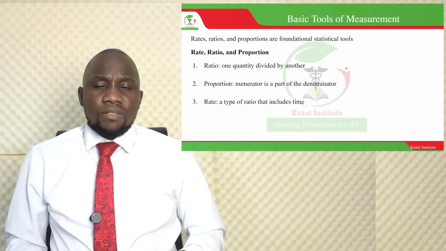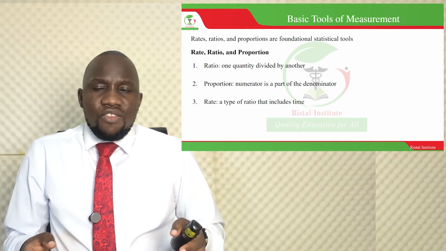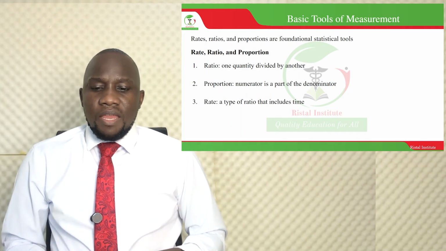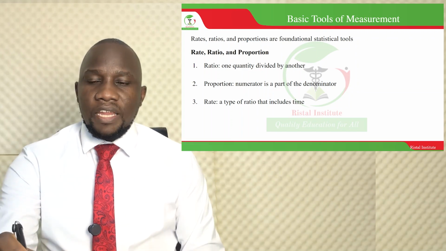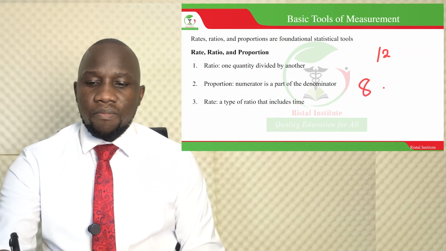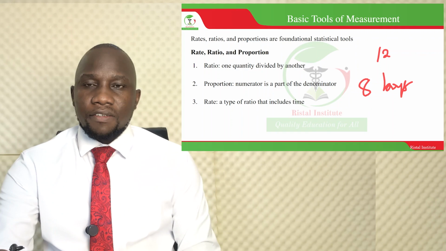Now, a proportion is where you have the numerator being part of the denominator. Let's use this. If in a class of 12 students, 8 of them are boys, what is the proportion of girls?